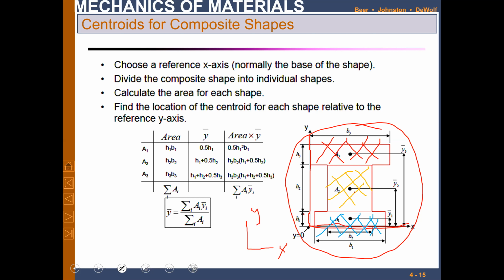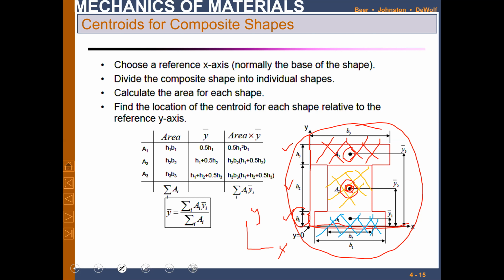This y2 will be h1 plus 0.5 of h2, and y3 will be h1 plus h2 plus 0.5 of h3.